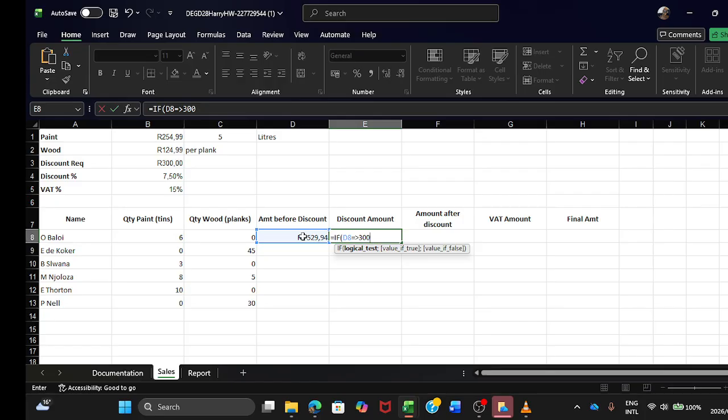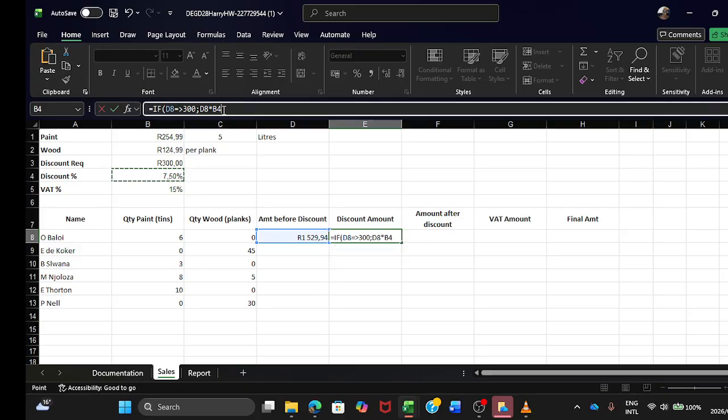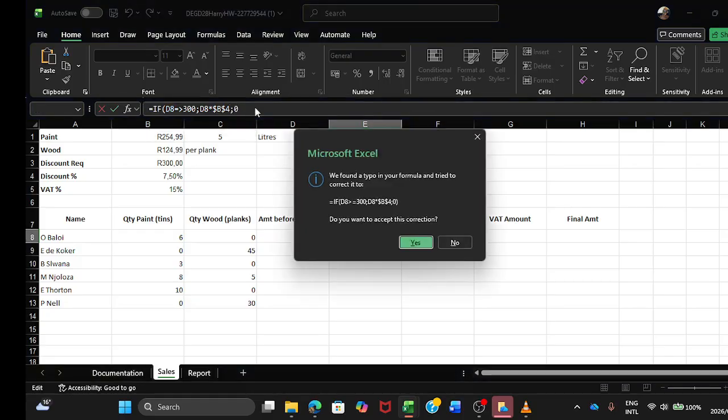If you spend more than 300, then it means that this amount we're going to have to multiply it by the discount, and then since we take the discount there, it's going to have to be in what? An absolute. Yes. And then if not, then it's going to be 0.